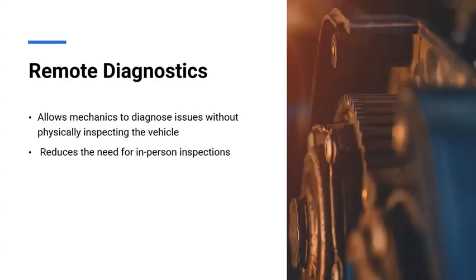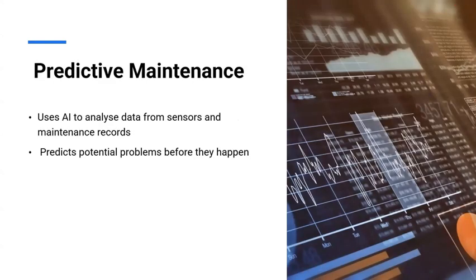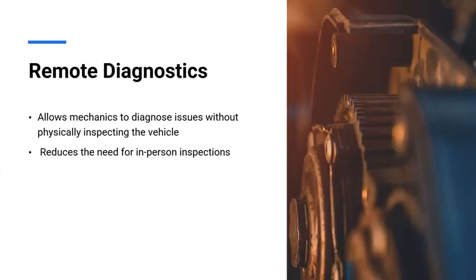Remote diagnosis: the vehicle data is collected and relayed through a server to another location where the diagnosis is done, and AI is also doing those diagnoses. So there is no inbuilt AI in the vehicle. Remember, for predictive maintenance, you need a system inside the vehicle. Remote diagnosis is done along with predictive maintenance.